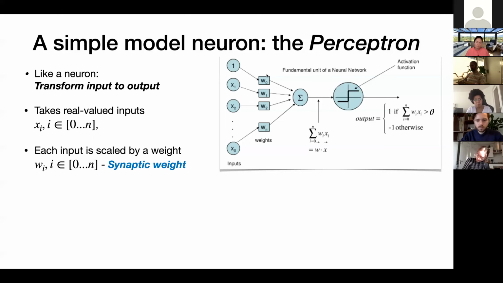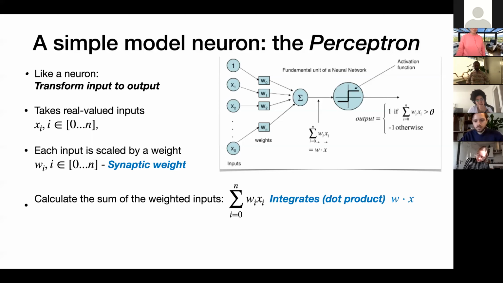And of course, in this dendritic arborization, the neuron can scale the different weights of these synapses, and that's exactly what we're going to do in our model neuron, in our artificial neuron, in our perceptron. So this is just how much each of those input numbers is scaled in that integration process that the neuron performs. So these are similar to synaptic weights of the biological neuron.